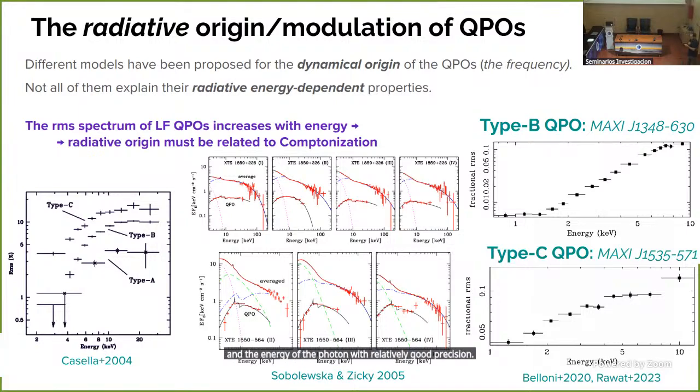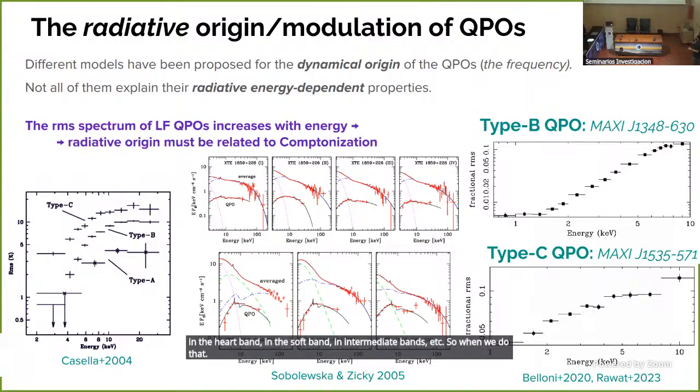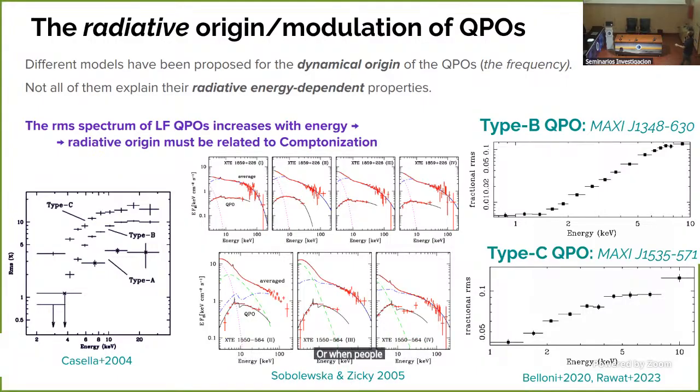And this means that we can split the information that we have from an observation into multiple energy bands. And we can, for instance, study how important a QPO is in the hard band, in the soft band, in intermediate bands, etc. So when we do that, or when people do that, essentially what we find is that QPOs tend to be more important in the high energy bands than in the low energy bands.